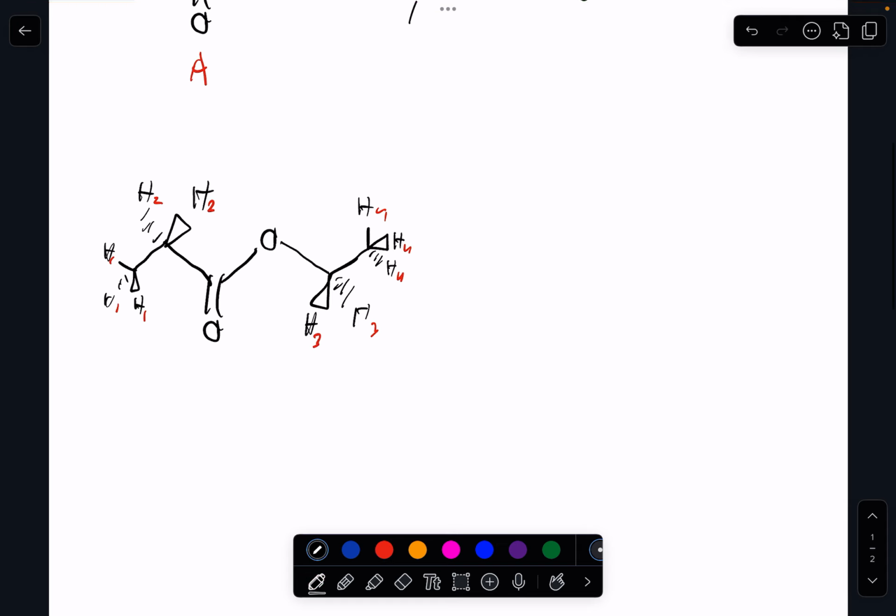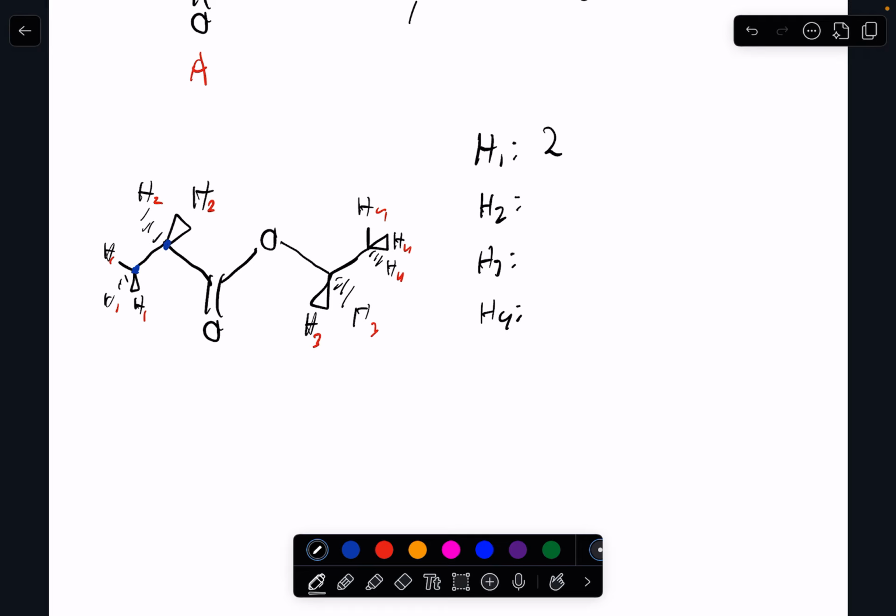Okay, so let's see the splitting pattern for H1, H2, H3, and H4. For H1, all these count as one signal. We are not factoring H1 itself into our signaling. We're looking at the carbon that's connected to H1, and then we're looking at the adjacent carbon. How many protons are connected to this carbon? 2.